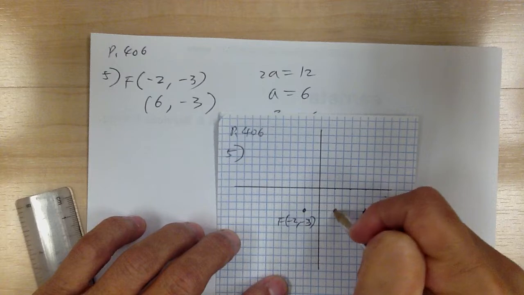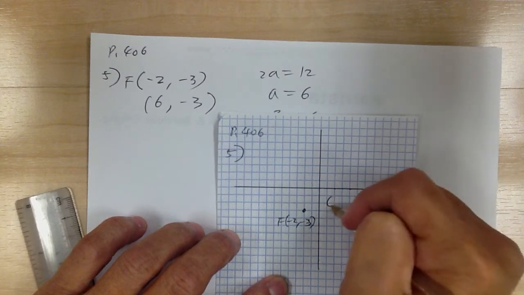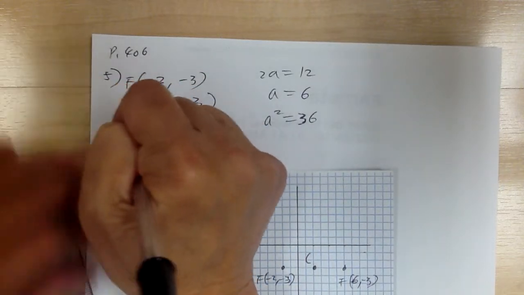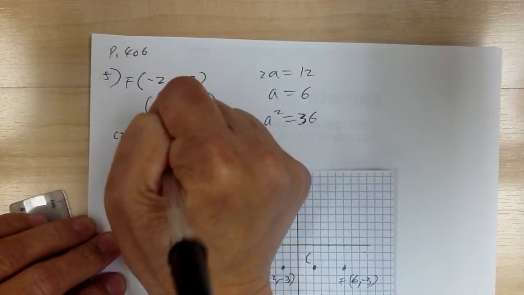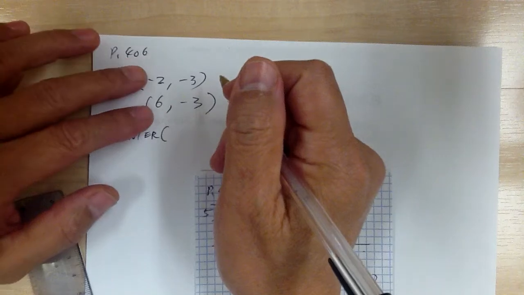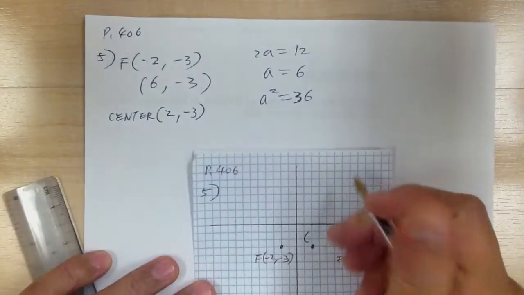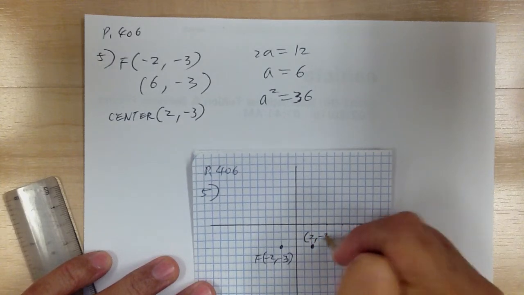So from here, the midpoint is over here. So here's your center. So you average the two. You add, so you get 4 divided by 2, you get 2. So your center is going to be at 2, -3.